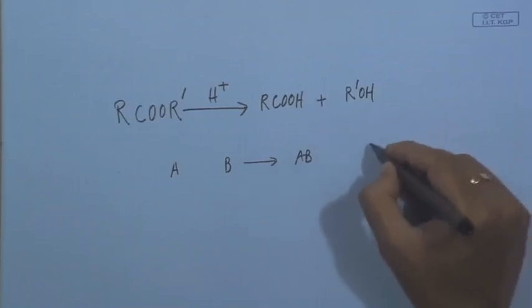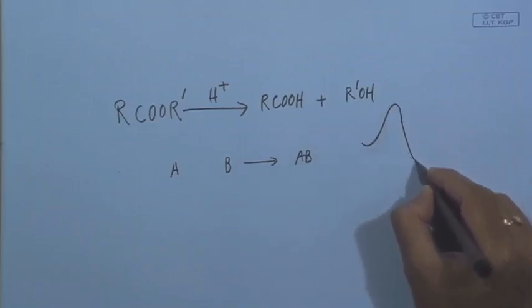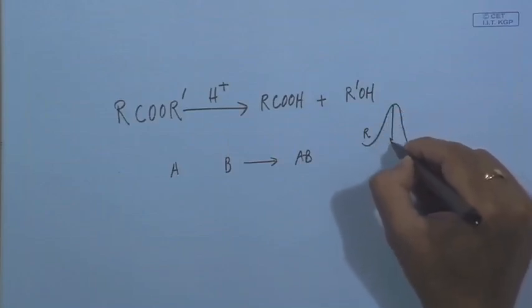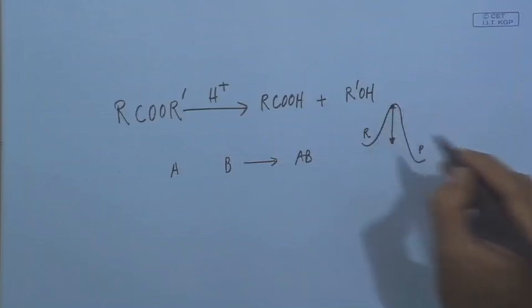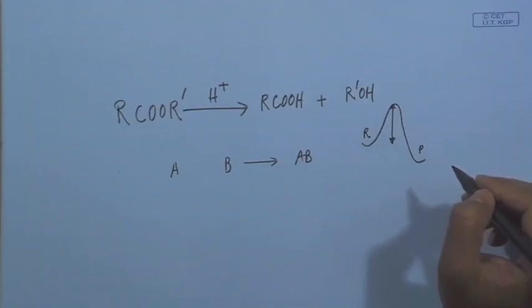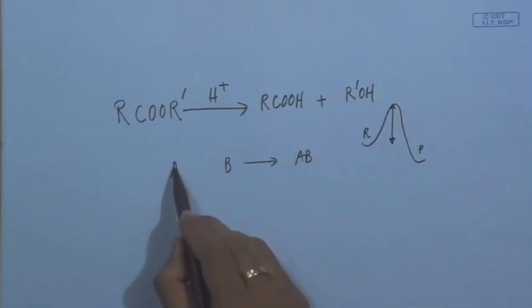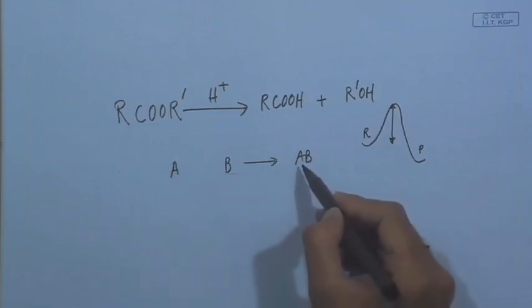Reaction barrier means this one: this is a reactant, this is your product, and this is your forward reaction barrier, or activation barrier, which is probably not there. If the activation barrier is not there, then these two will immediately combine to produce AB.